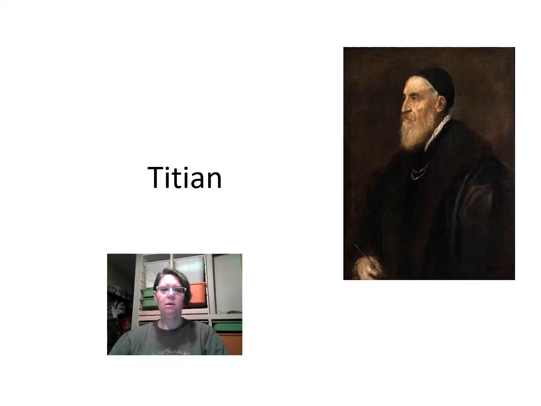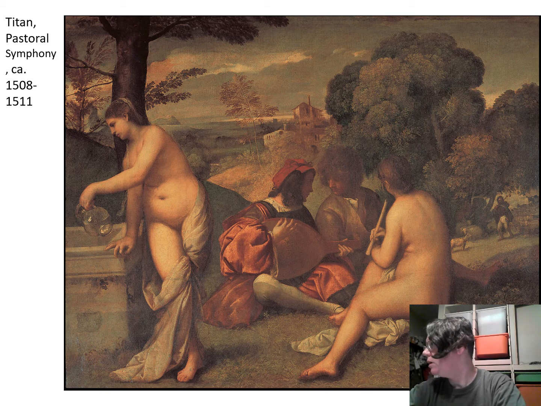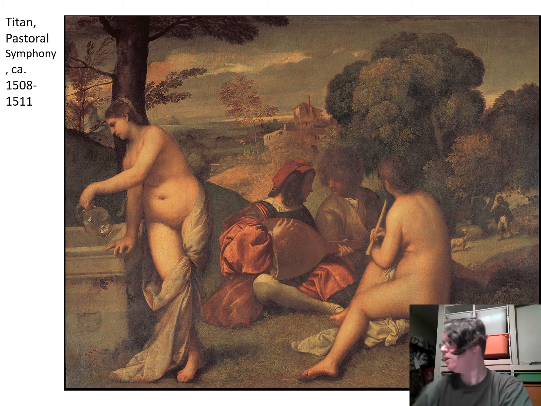So let's take a look at the concept again that we talked about, Venetian Renaissance. When we look at Titian's work, remember he's a pupil of Giorgione's and he is taught in Venice. This is Titian's Pastoral Symphony. We see a figure that comes out of the dense shadows.